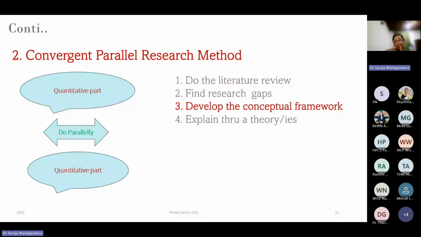Then we can combine. We use the resource-based view at the beginning for the quanti part, and at the end as well, we can combine the resource-based view with the quali findings, right? But we can't say that at the beginning we used the resource-based view, but at the end we are thinking like the social exchange theory. That is kind of complex. Therefore, if I can align the findings with the same theory or theories which we used at the beginning, it will be better. Anyway, at both points in mixed method, we can use theories, right?